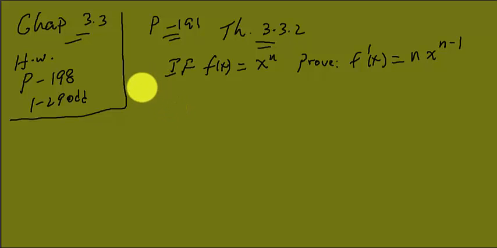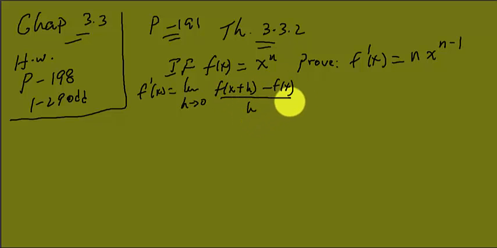First of all, we're going to start out with the limit definition. f prime of x is equal to the limit as h goes to 0 of f of x plus h minus f of x, all that over h.